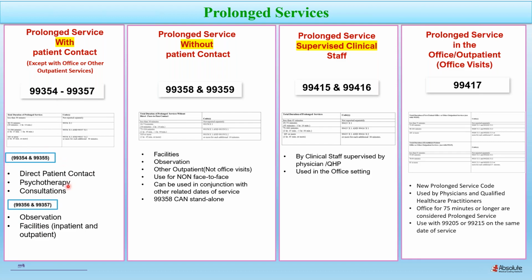The next, with outpatient contact, is also pretty much everything except office visits, but without the patient being there. The third is for the clinical staff, like the medical assistants, the technicians, etc. And finally, 99417 is doctors' prolonged services in the office. That is the difference between them all.